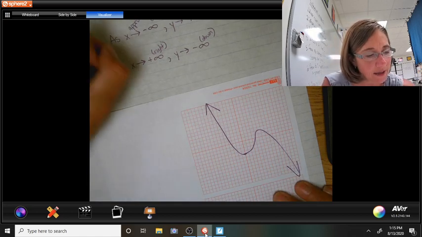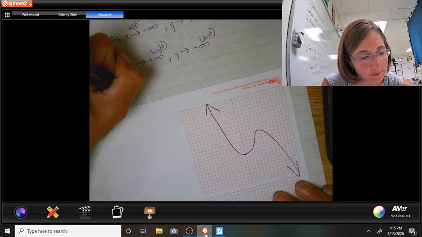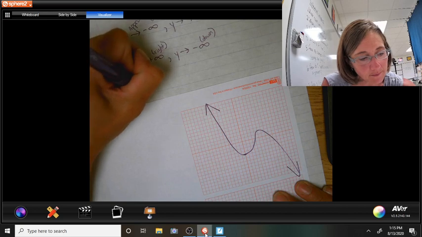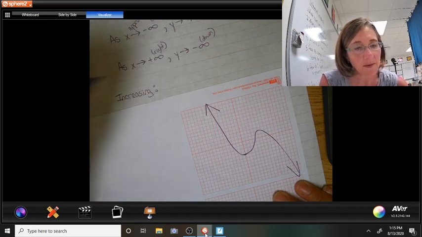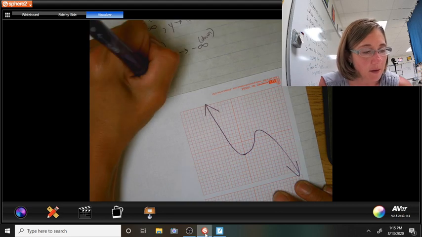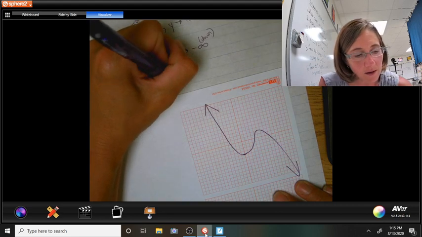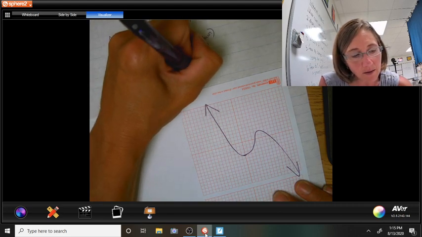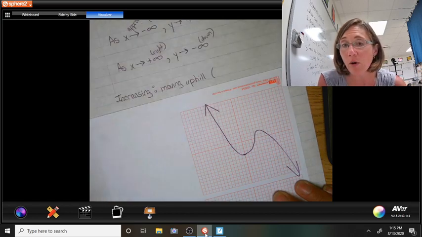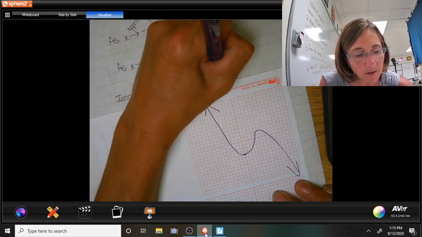Okay, so increasing means we are moving uphill, also known as positive slope.